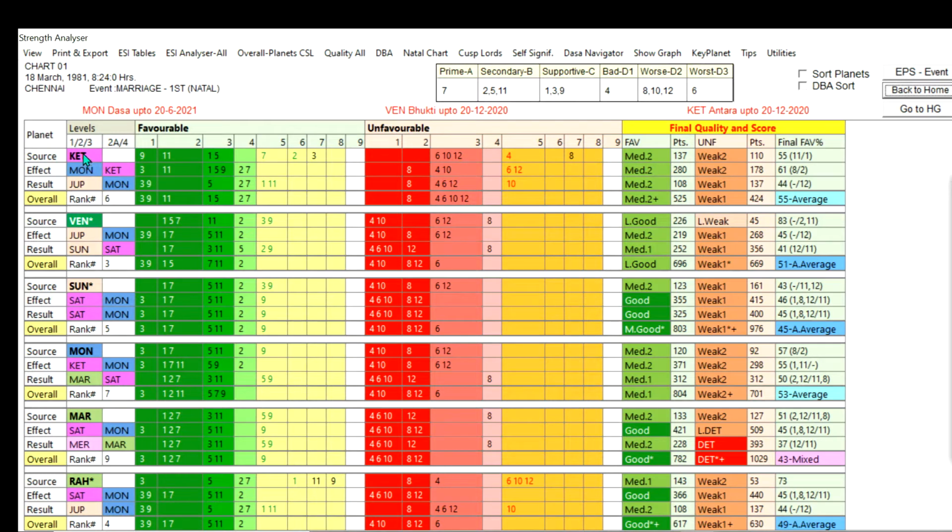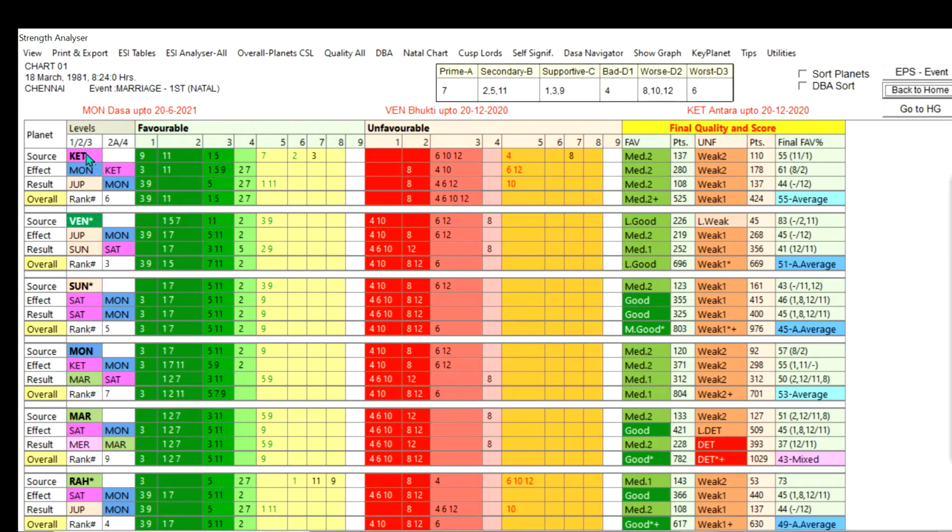Now, what is the Analyzer table? Let's take the Ketu table. Ketu 1, 2, 3, 2a and 4 are given as levels. Ketu is the planet, the StarLord, the second planet, is Moon, the 2a level planet is Ketu, the sublord is Jupiter, and the StarLord of the sublord is Moon.